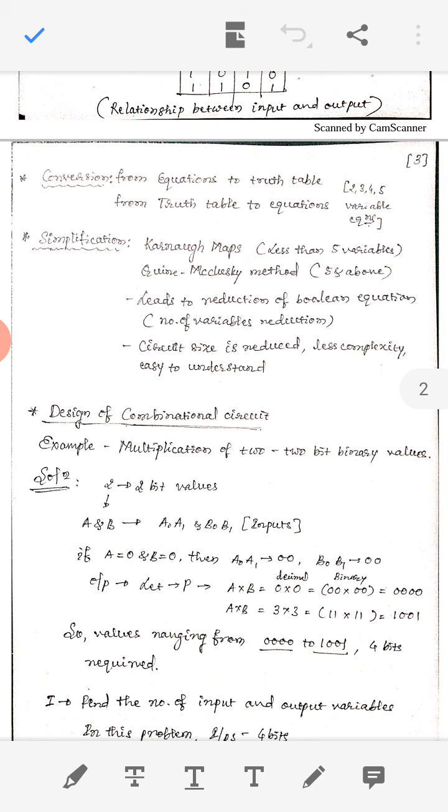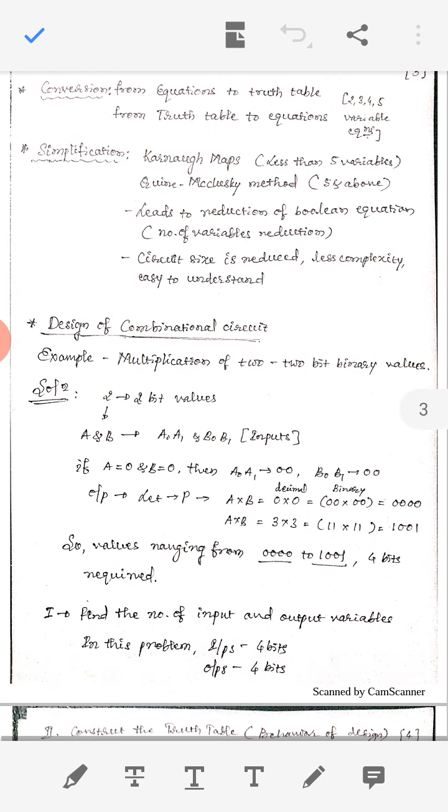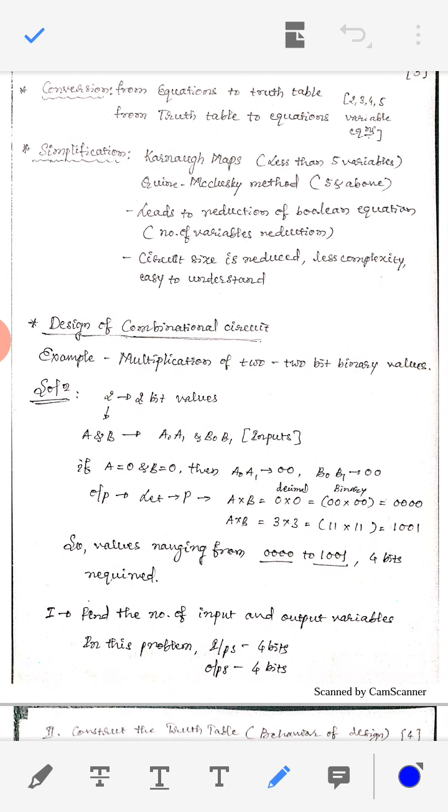Once we write the equation, we need to go for simplification. For the half adder it is not required because there are only two variables and only one equation, A bar B plus A B bar, which is an XOR gate. If you go for three, four or five variables, then we need to reduce the equation, so that we can reduce the size of the circuit.